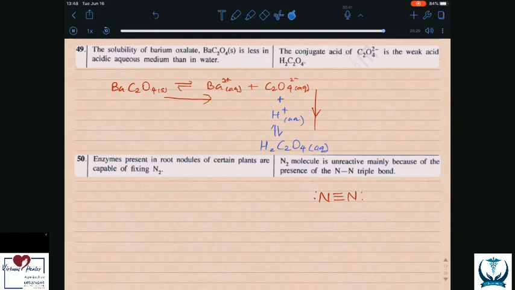The bond energy of the N2 molecule, because of the triple bond between the atoms, is very high and therefore it is very unreactive. It is true that nitrogen is fixed at the root nodules of certain plants because of the presence of certain bacteria, and its action is through their enzymes.